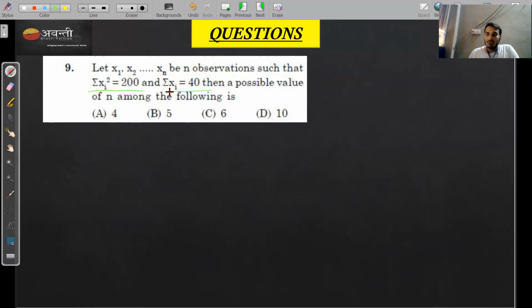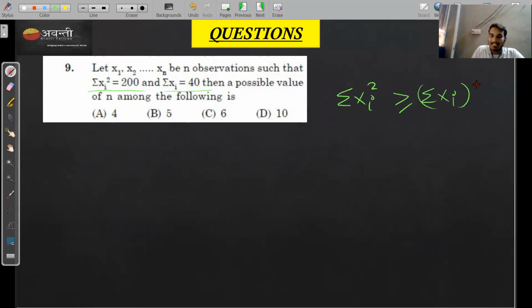So see, one thing you know is that observations are x1, x2, xn, right? Observations can be negative, can be positive, right? We don't know what x1, x2, xn are, but we will take the benefit of that. One thing is sure: summation of xi square, squaring each observation then adding, is greater than or equal to summation of xi.